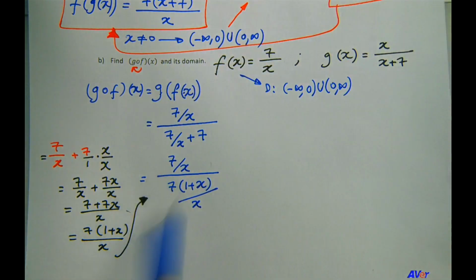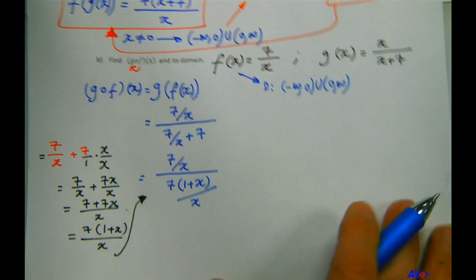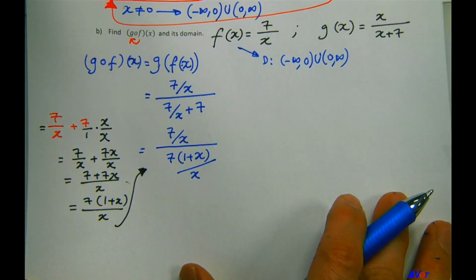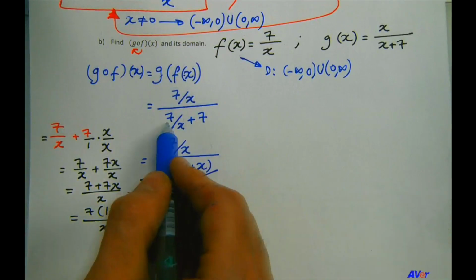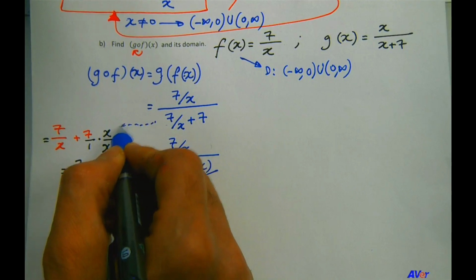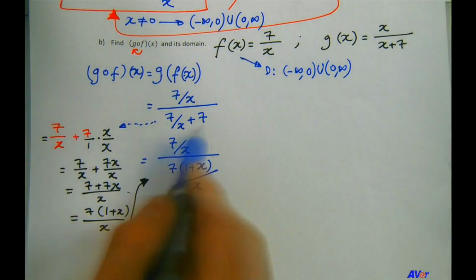So let's see. Let me just make sure here everything is all right. So yes, it's okay. All right, so let's simplify this. So what we did here was just find the common denominator.